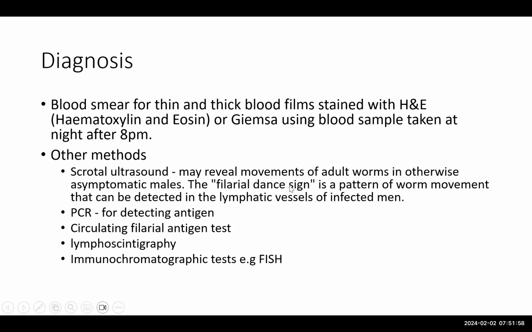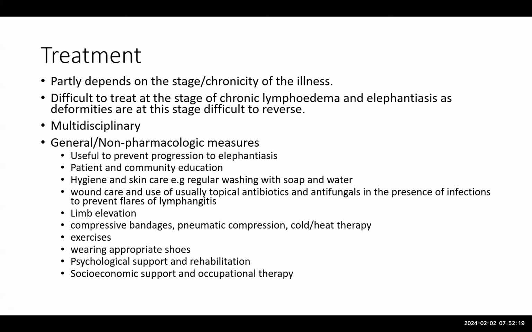So the so-called filarial dance sign is a pattern of worm movement that is seen in the lymphatic vessels around the groin. We could do PCR, polymerase chain reaction. There's room for circulating filarial antigen tests, lymphoscintigraphy, and high-end immunochromatographic tests like fluorescence in situ hybridization.